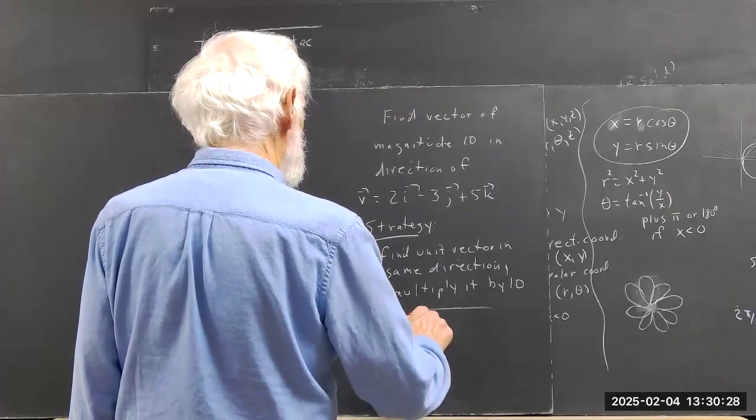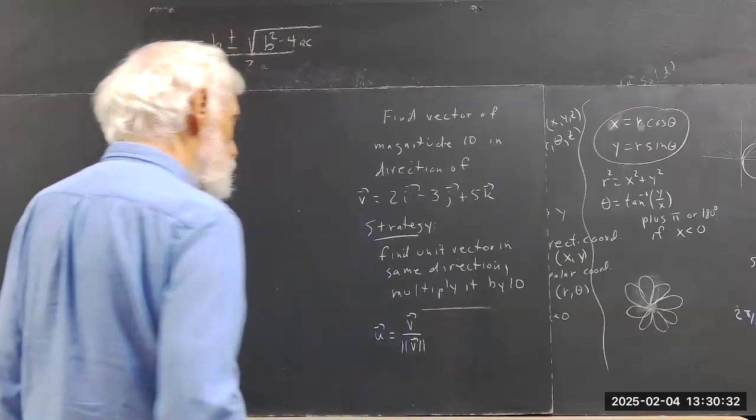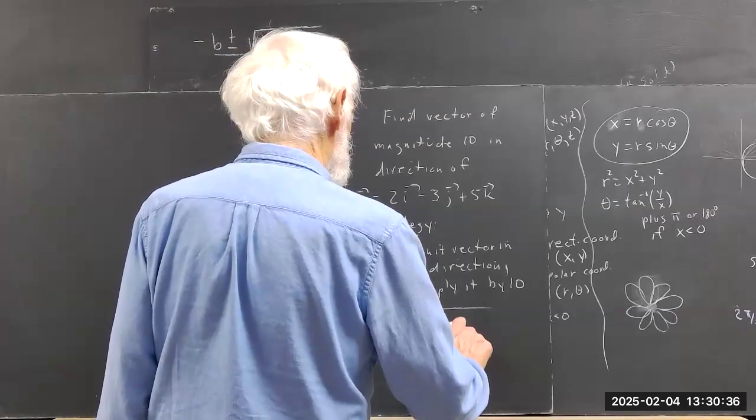U is going to be V, the magnitude of V, which could be calculated in various ways.